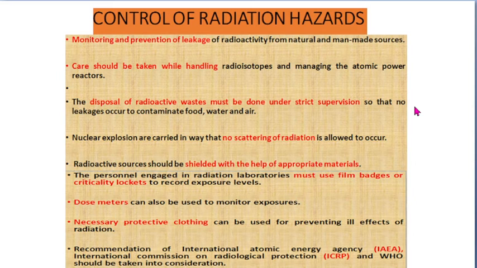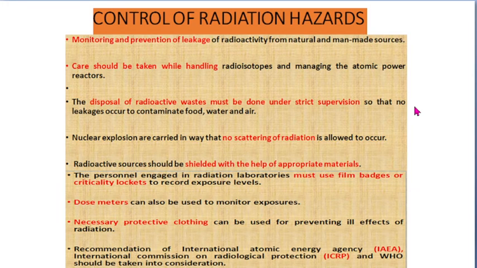Then the disposal of radioactive wastes must be done under strict supervision, so that no leakage occurs to contaminate food, water and air. If this work is done by any unexpert person, it will affect the entire process, and there will be a possibility of leakage of substances.